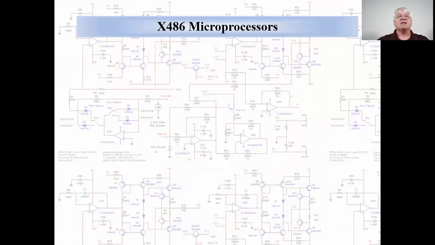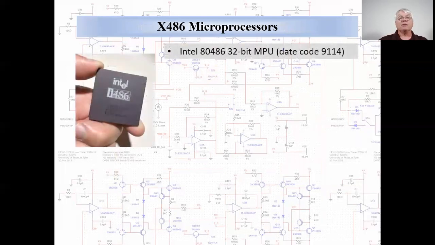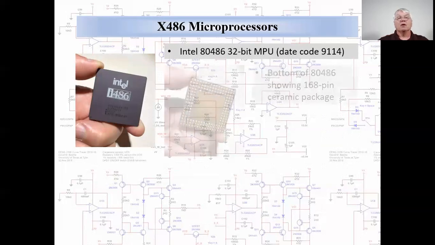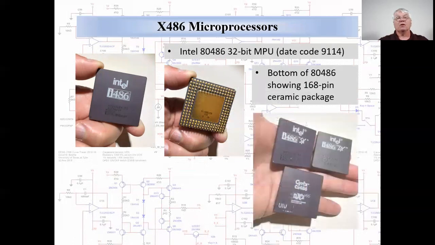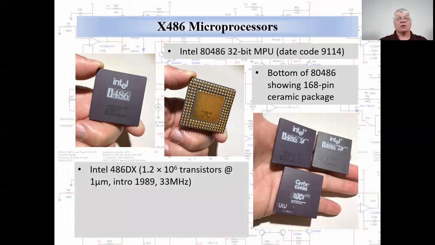So let's look at some 1990s era processors. These are in the X486 family. Here we have an Intel 80486 32-bit microprocessor unit. The bottom side of the 80486 shows the array of 168 pins. Here we have the Intel 486DX, which had 1.2 times 10 to the 6, or 1.2 million transistors, with a minimum feature size of 1 micrometer, introduced 1989.